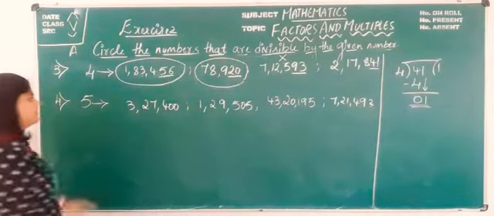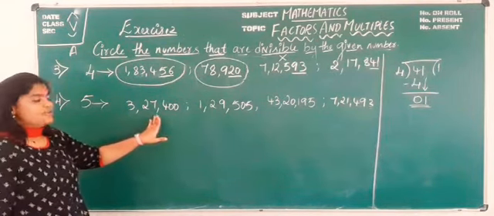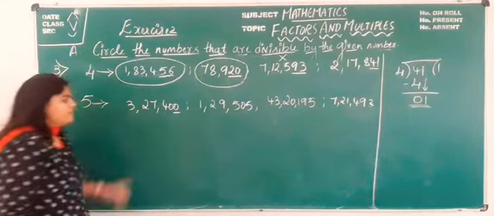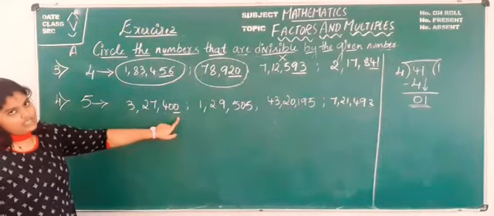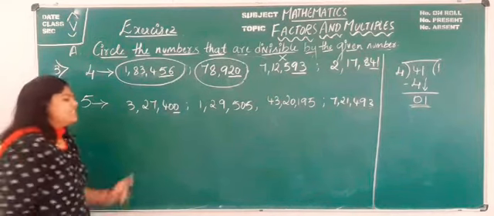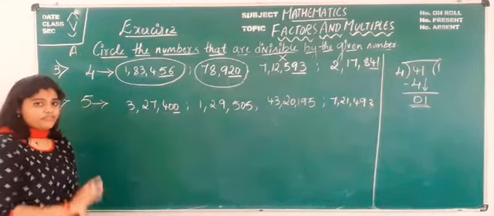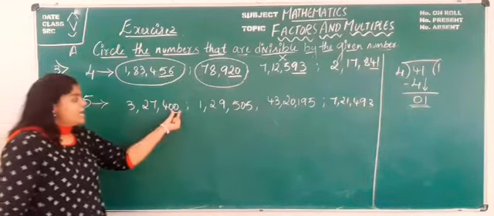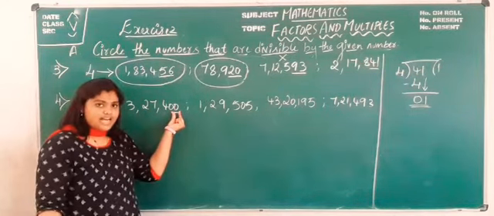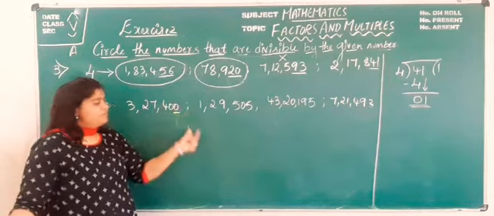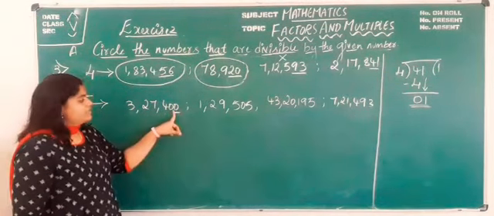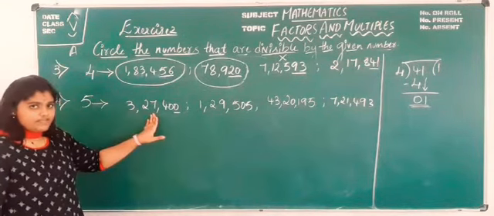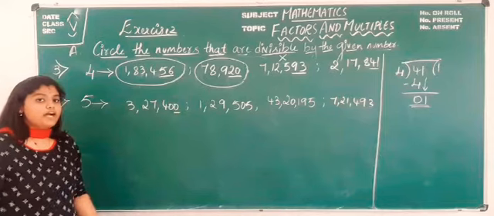So here the first number is 3,27,400. Now we shall see the last digit. In the given number, the last digit is 0. Therefore, yes, the given number is divisible by 5.